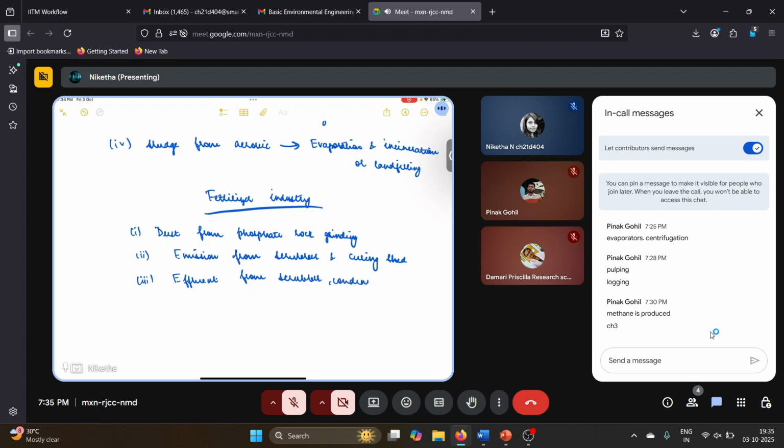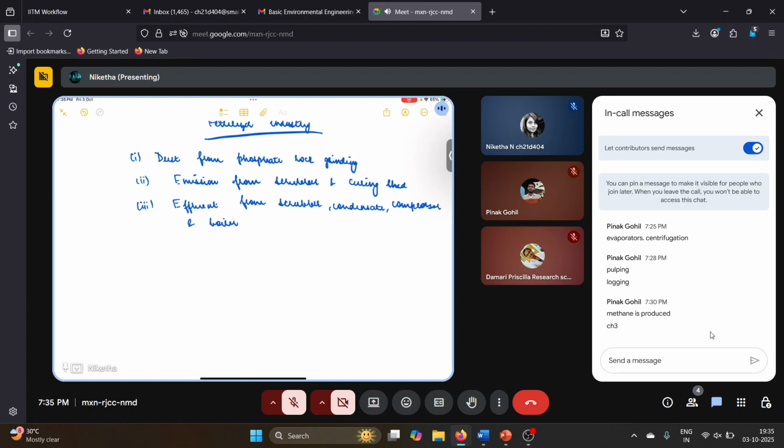Condensate. Compressor and boiler. And flue gas, which comes from boiler.